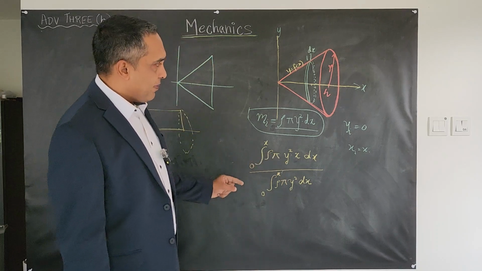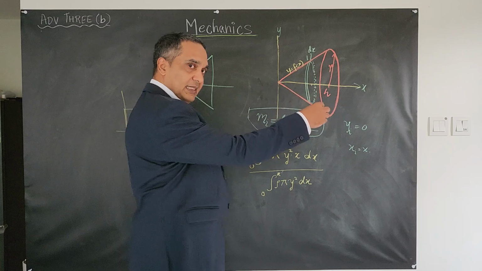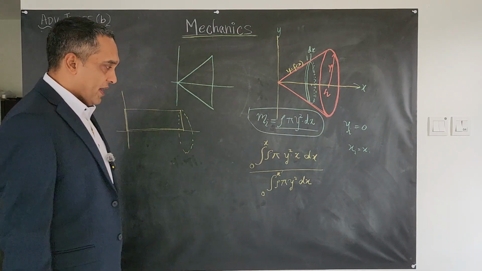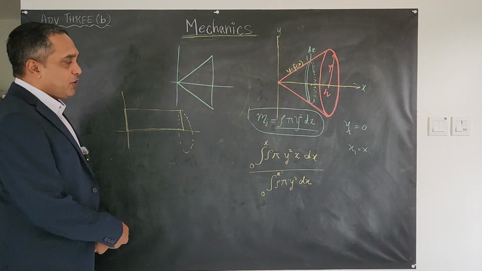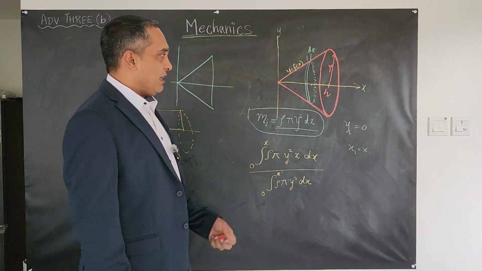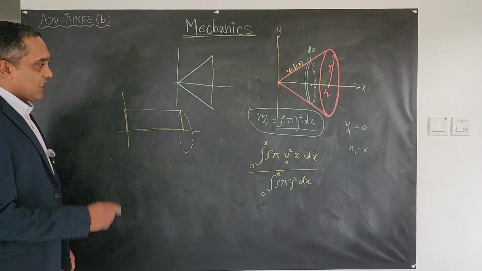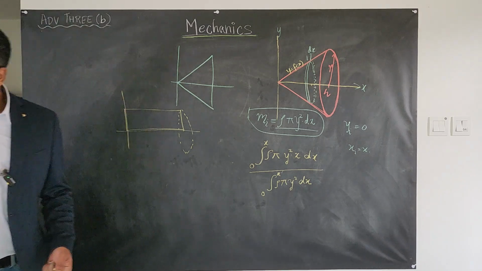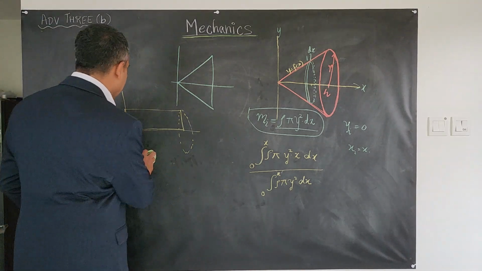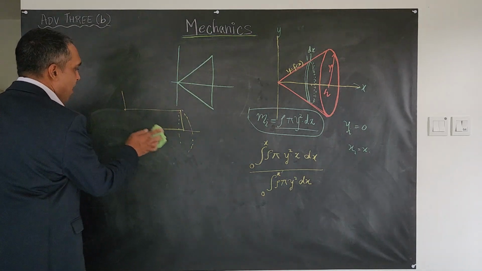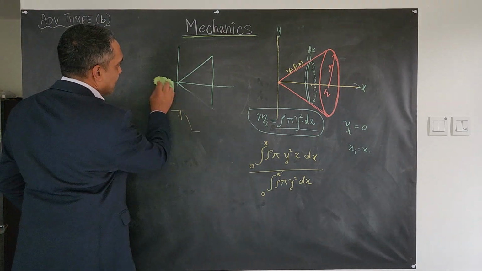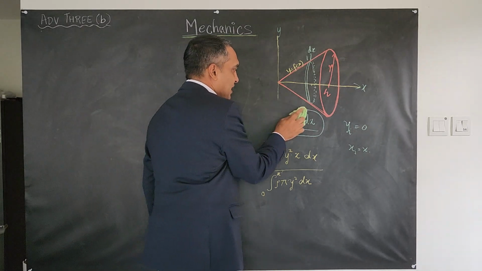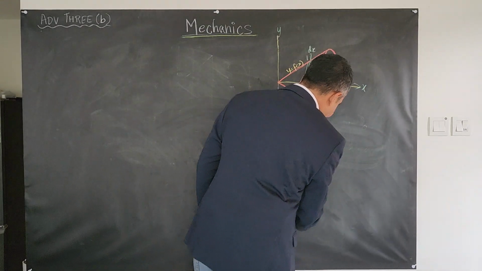And again, depending on the solid and the setup, you might have to make sure that you get your limits correct. It could be x equal to a to x equal to b, or any variant like that. This problem becomes quite interesting in multiple ways. One of the ones I personally like is when they give you a cone, and I'll just stick with the cone to give you an idea of what is going on and how you should treat it.